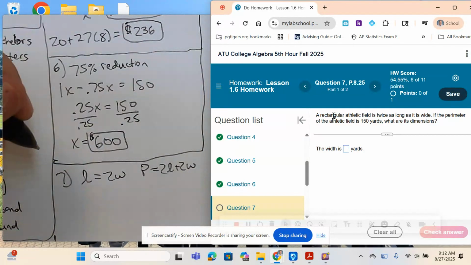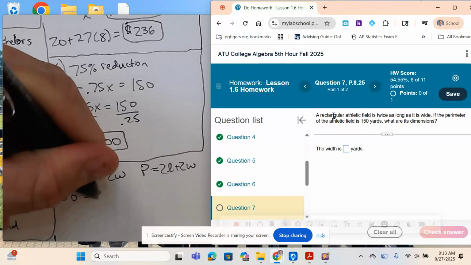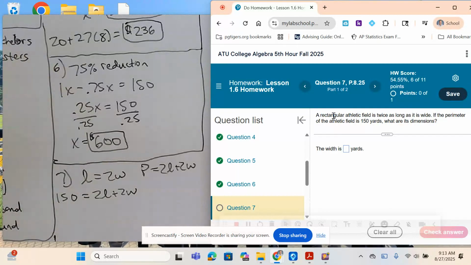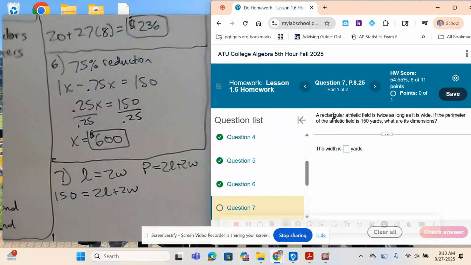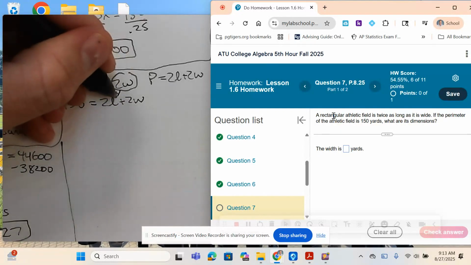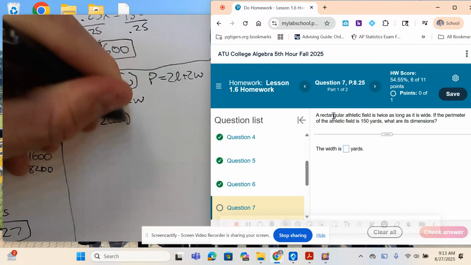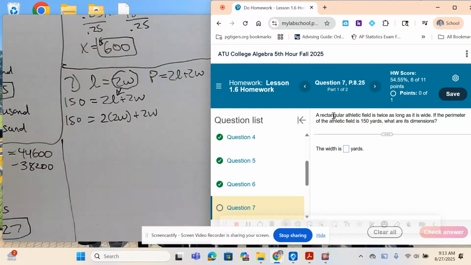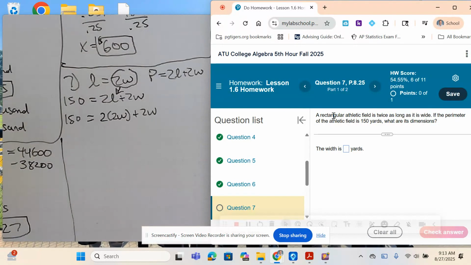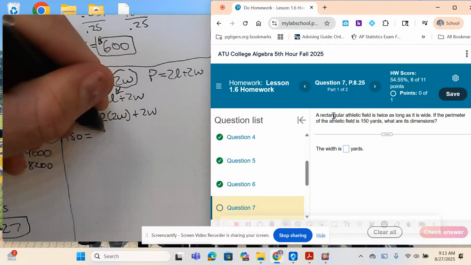The perimeter is 150, so 150 equals 2L plus 2W. So now I could substitute this in here for L. This one's not the one on your test, I remember, but that's stressful there. If I wasn't paying attention there, I would have missed that.